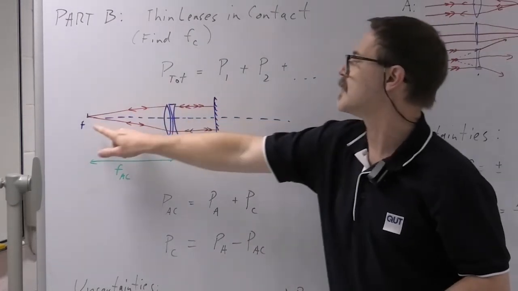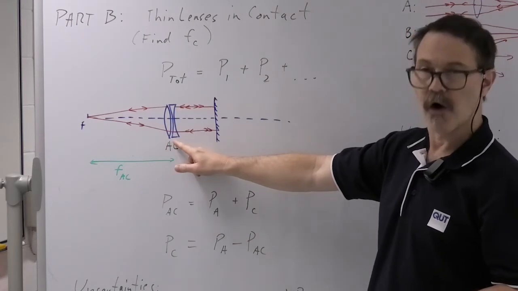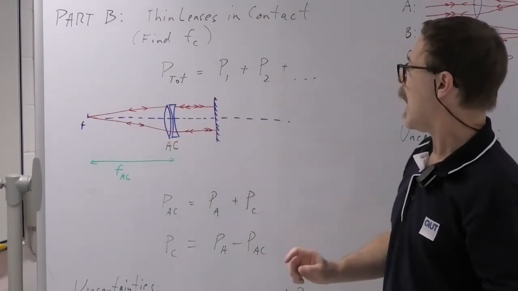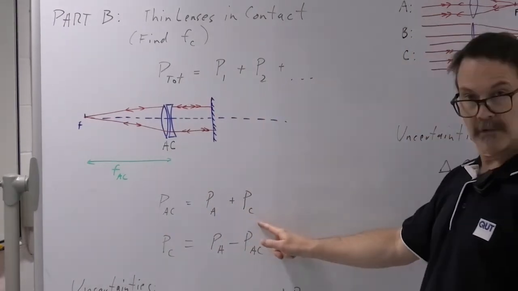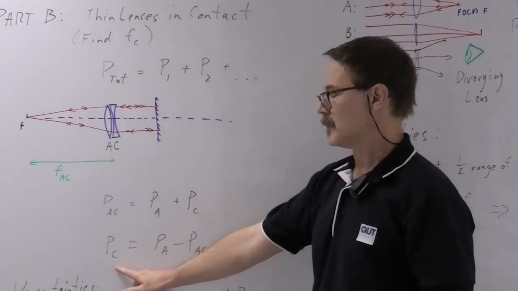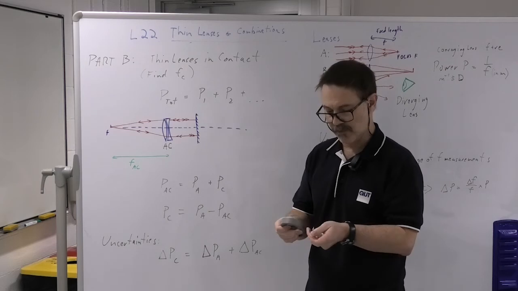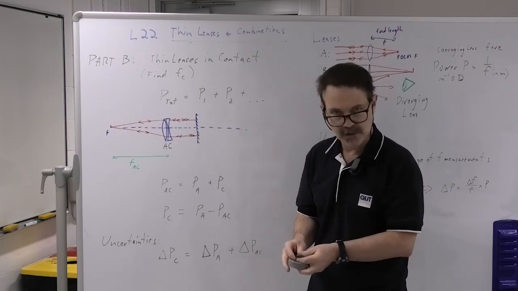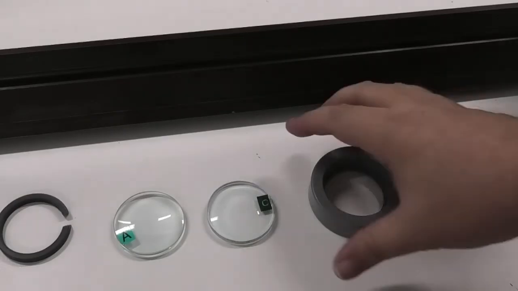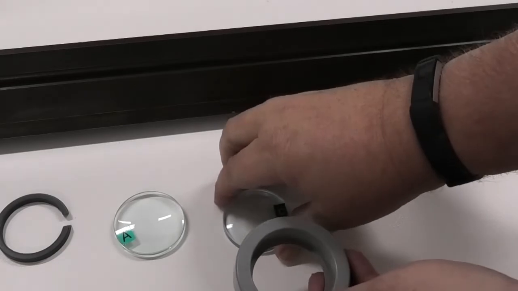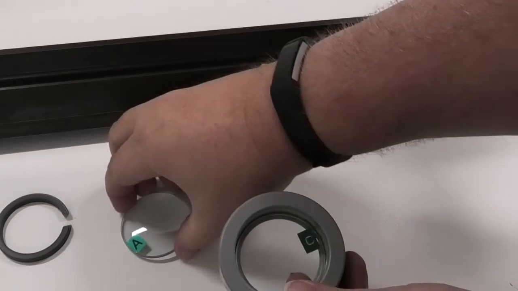You can use the auto-collimation method to measure the total power of the combination of lenses, and then use this formula like this and work backwards to find out what the power of lens C is. In the interest of keeping the lenses in contact without lots of chips or anything, we've actually given you a little plastic collar that you can put lens A and lens C together in.